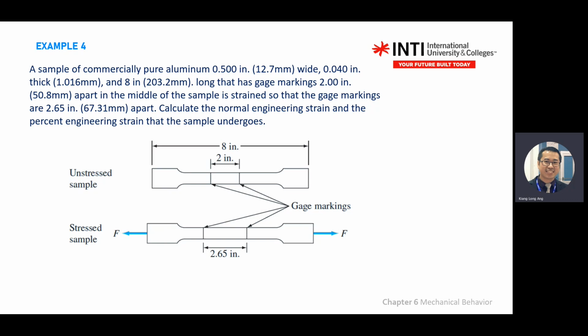Force by area, but it's a normal direction. E is the Young's modulus. In this case, what is strain? Strain is the change of length over original length. In this case, the question asks you this component. So strain equals delta L divided by original length.